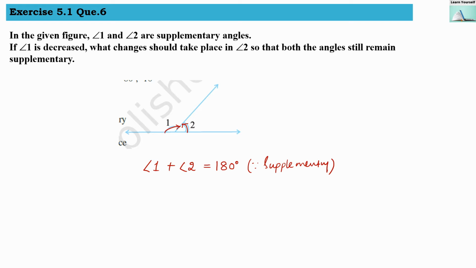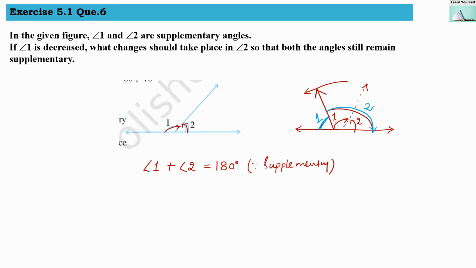Here we can take the example that this is our line and this is angle 1 and angle 2. Now angle 1 will decrease, that means it will go towards this side and angle 2 will increase like this. Now this is our new angle 1 and this full angle is our new angle 2.